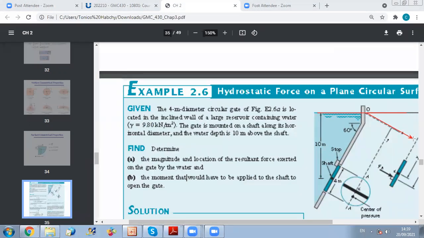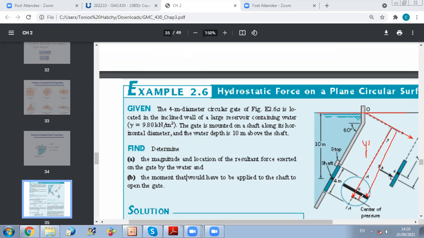This is Z, and the Y axis is along the surface. So if I want to find the position of the center of pressure, this is my total Y prime. Y prime is equal to Y of C, which is the distance from here to C, plus the distance between C and the center of pressure.